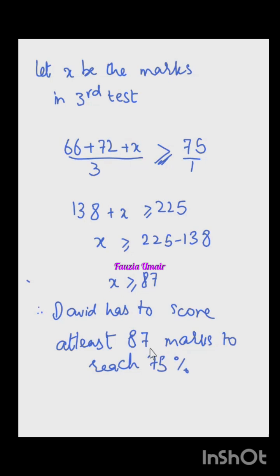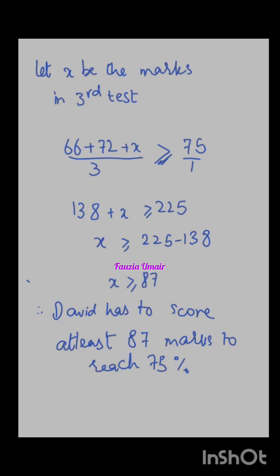Yes, miss. When we are solving the paper, are we supposed to write this whole statement? David has to score at least, right, okay. Because whenever there are word problems, Kinza, we need to answer according to the question.